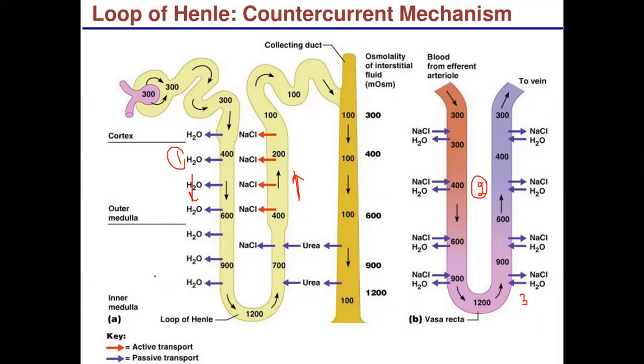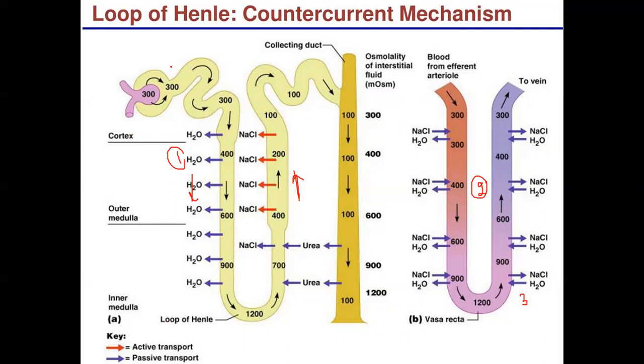Now let us see how it occurs. When the filtration occurs in the Bowman's capsule cavity, the filtrate is collected here, and this filtrate has an osmolarity of 300 milliosmol. Our blood also has the same osmolarity.